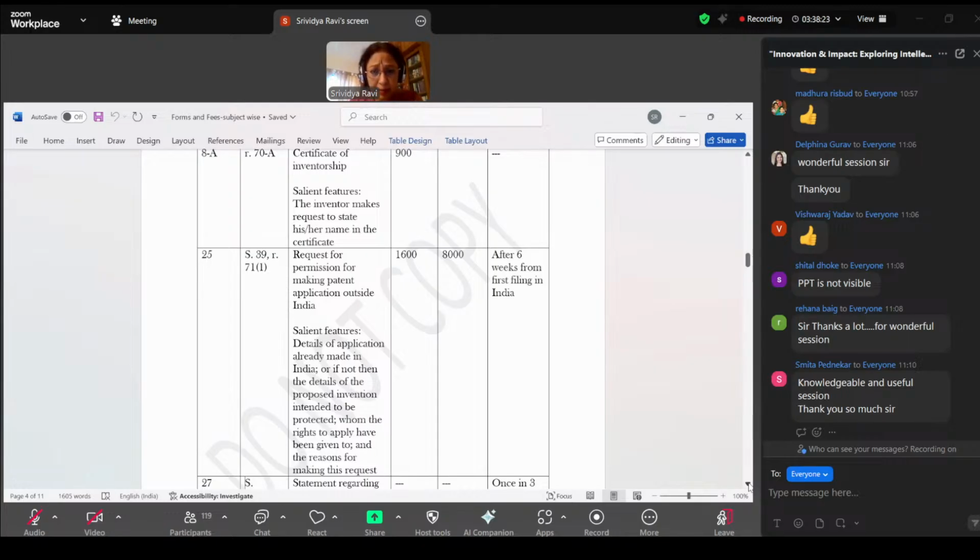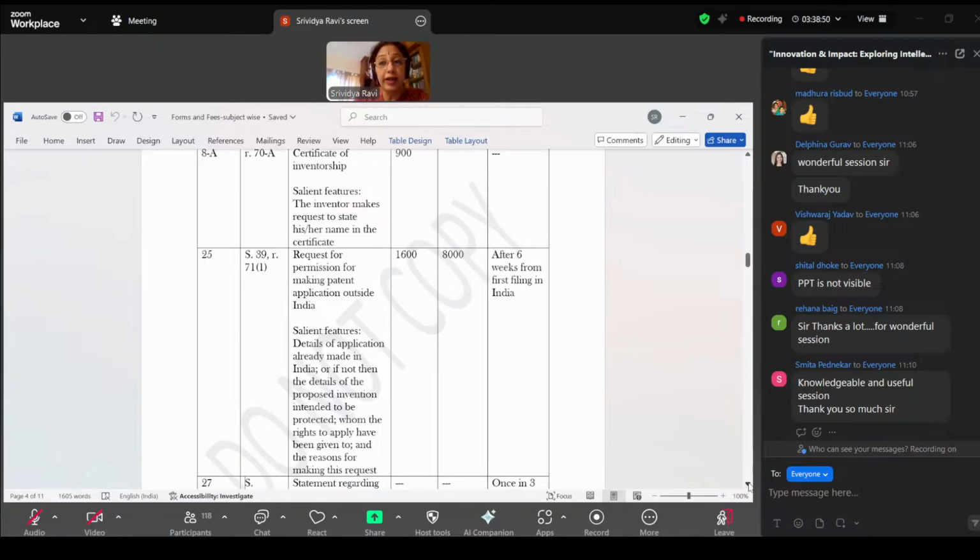There is a particular clause in the Patent Act which says that as an Indian inventor or as an Indian entity, you have to first file in India. You cannot file in any other foreign country. If you file in India, 6 weeks down the line, you can automatically file without taking any permission in any other foreign country.